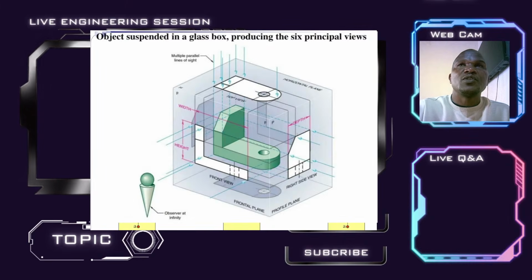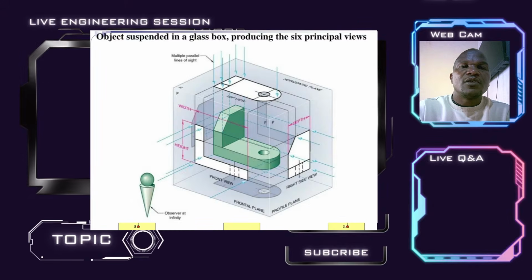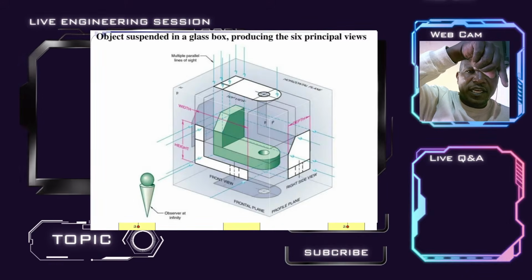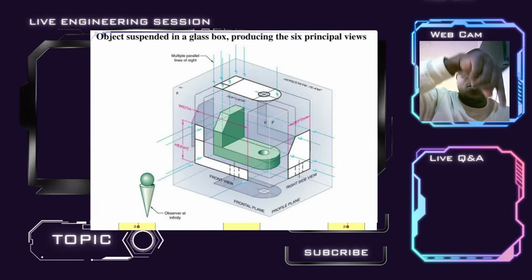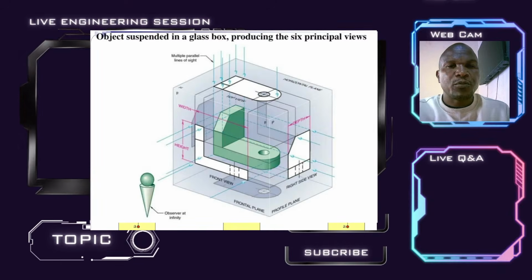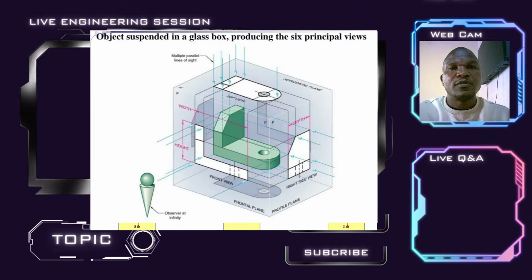I'm assuming you're using an object that is not transparent but opaque, and you are using a spotlight directly along the line of sight, perpendicular to the plane. And that shade is projected onto the bottom of the box, in this case the horizontal plane.